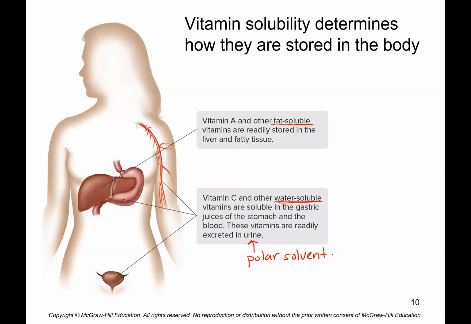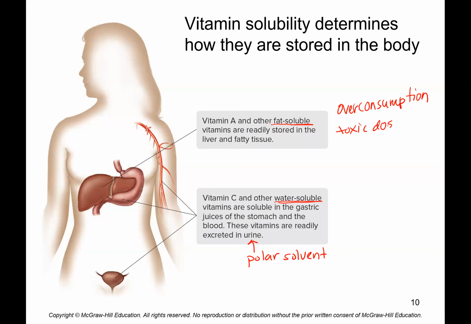They do get stored. So with fat-soluble vitamins, sometimes we need to be careful about how much we consume, because if we overconsume, they do get stored in our liver. And sometimes overconsumption or that storage in our livers can cause some health problems. Basically, that's what it means to reach a toxic dose.